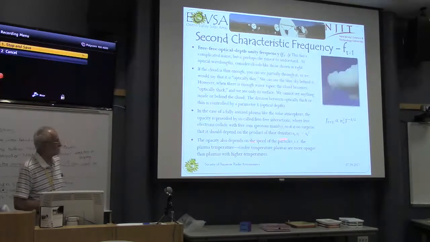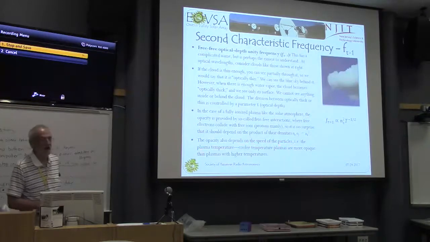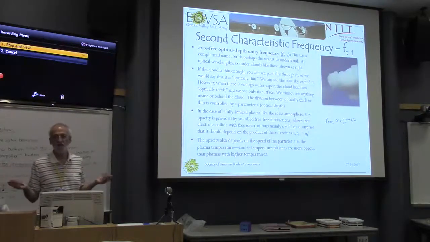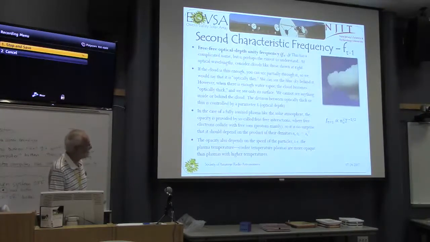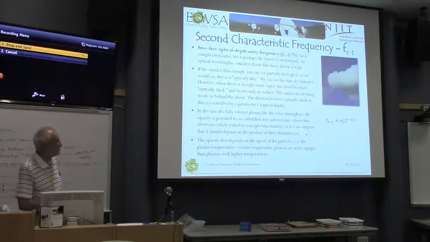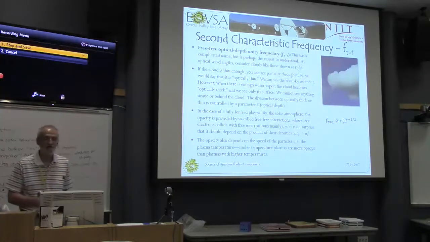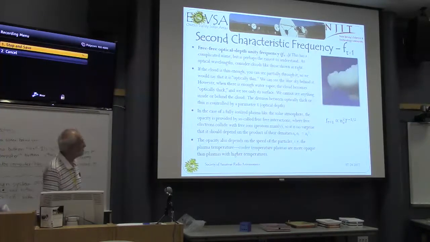But the opacity also depends on the speed of the particles. Hot plasma has a lower opacity than cool plasma, so it has a dependence that goes as an inverse power of temperature. So lots of density gives you a high optical depth, but hot plasmas give you a lower optical depth.